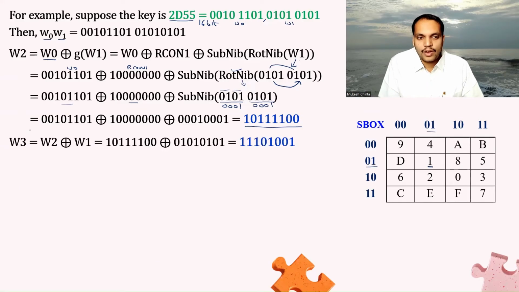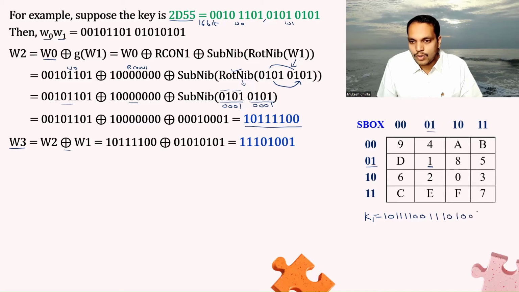For the second half, you have to find out W3. W3 is pretty simple: whatever you calculated as W2, exclusive OR with the original W1. Straightforward, you get this answer. So now your round 1 key, which is K1, is 1011 1100 1110 1001. That is how you calculate.